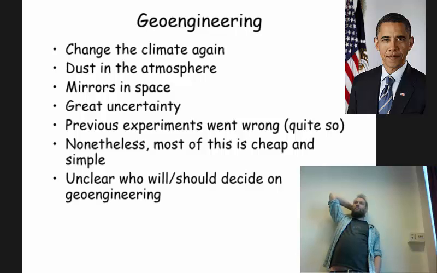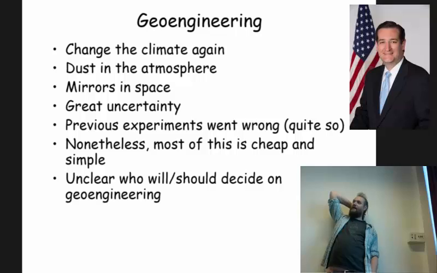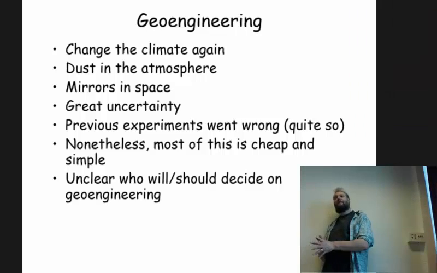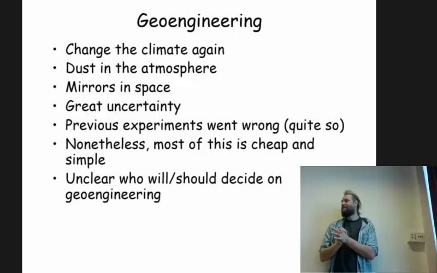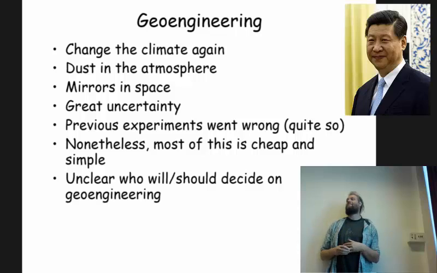At the moment, it would be Barack Obama, but we don't know who will succeed him come November, right? And maybe somebody we like, but maybe somebody we don't like. In the recent past, there have been American presidents that were less than popular outside of the US, right? In 10 years' time, maybe the Chinese will be capable of doing it. And do we trust them to control our climate?